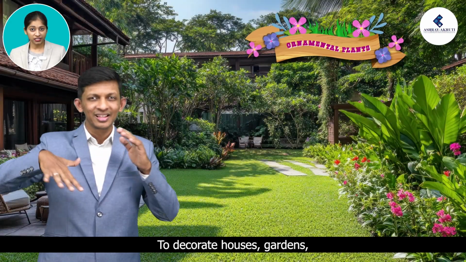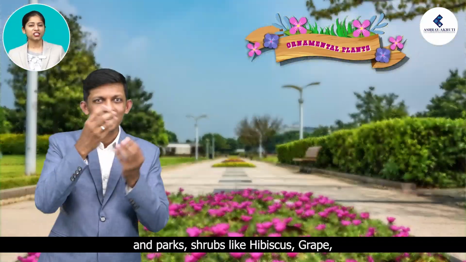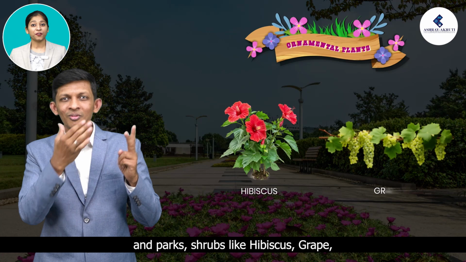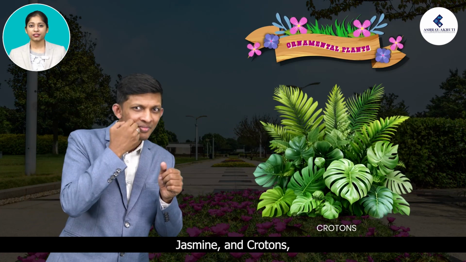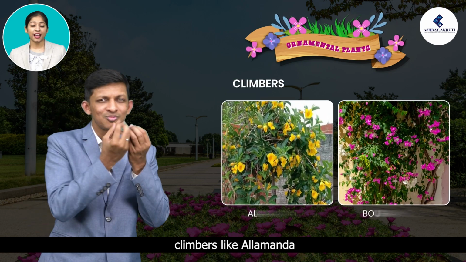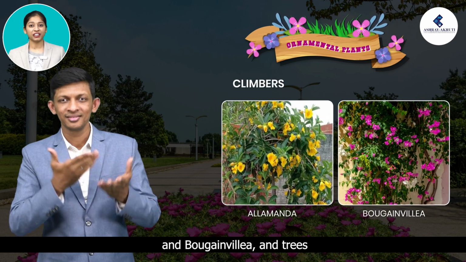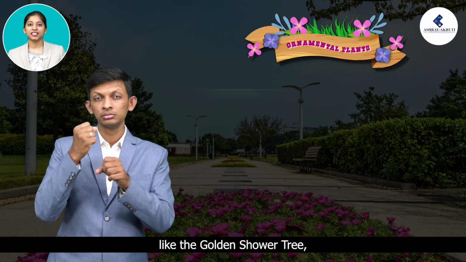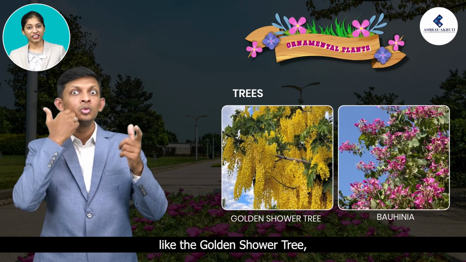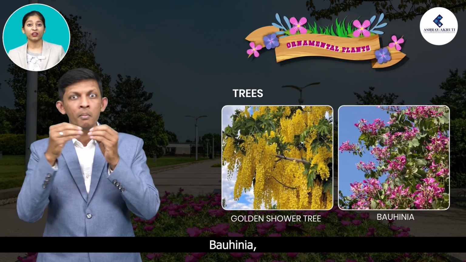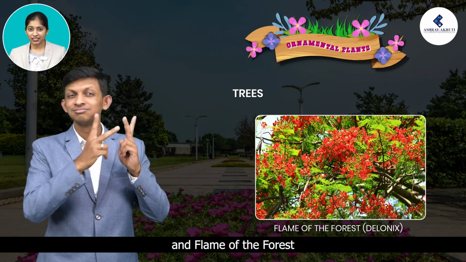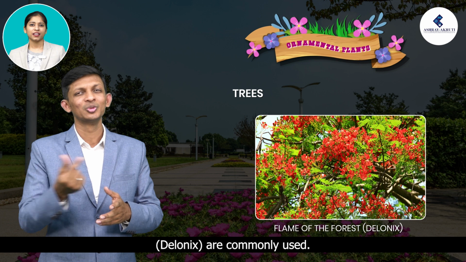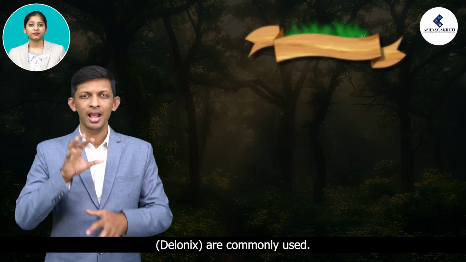To decorate houses, gardens, and parks, shrubs like hibiscus, grape, jasmine, and crotons, climbers like allamanda and bougainvillea, and trees like the golden shower tree, bauhinia, and flame of the forest, Delonix, are commonly used.